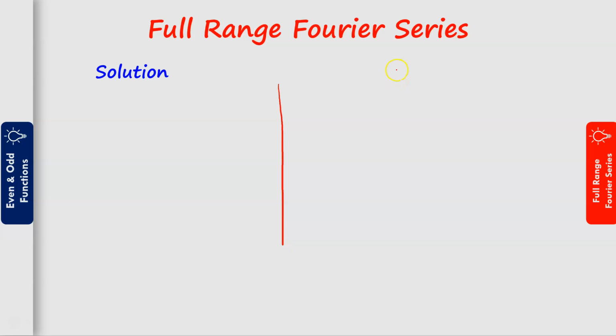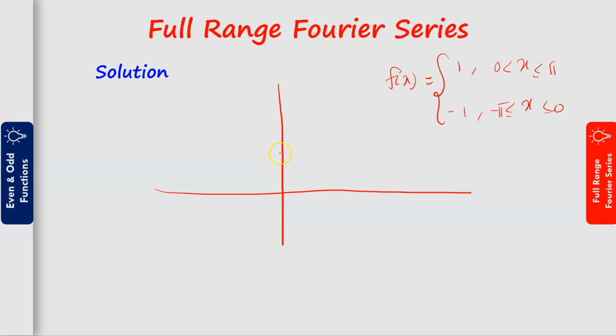Okay, I write again, we have f(x) equal to 1 for x between 0 and pi, and negative 1 for x between negative pi and 0. So when we plot the graph here, the angular frequency in this case is 1.